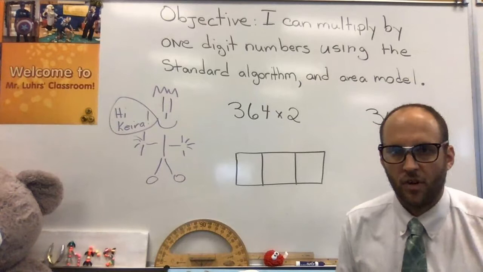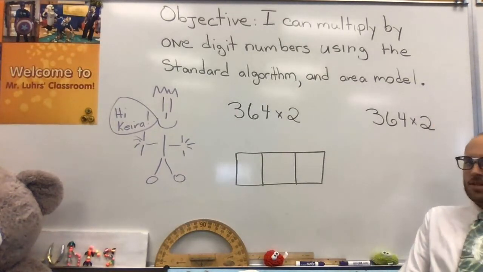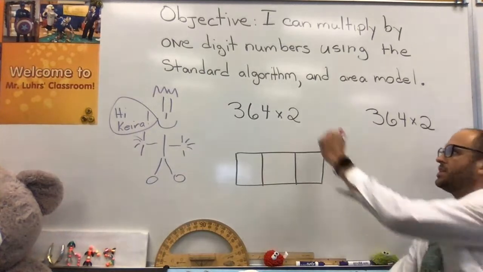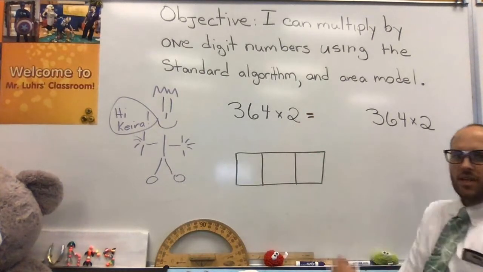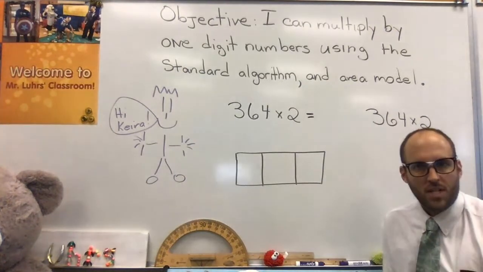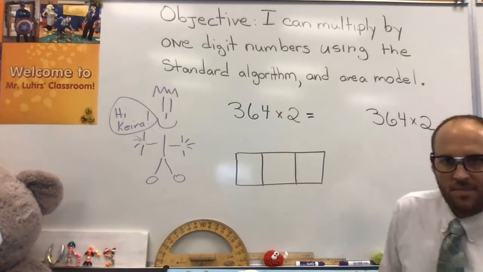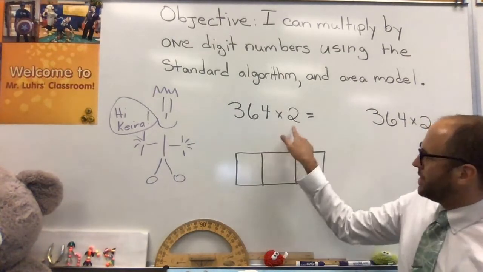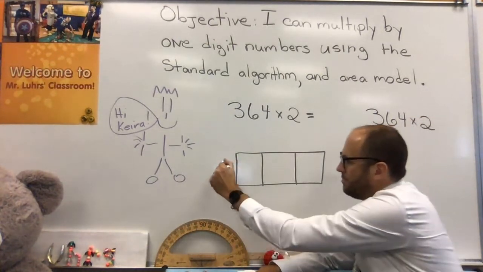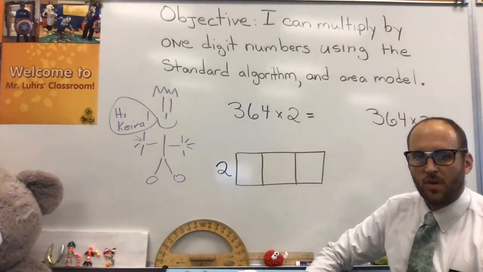As you can see, our first problem here is 364 multiplied by 2. So, first thing I'm going to do is an area model. If you have previously watched one of my recordings, we've done this once, but we're going to do it one more time just to make sure we're all there. You put the 2 over here on the left side, and then you break this up by partial products.